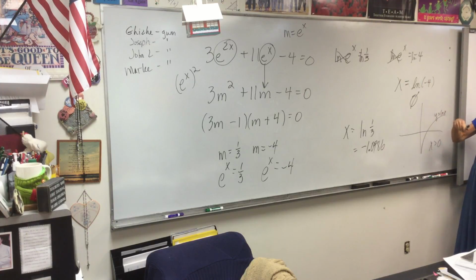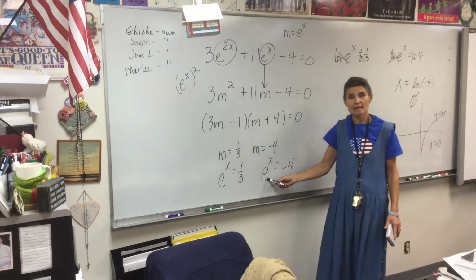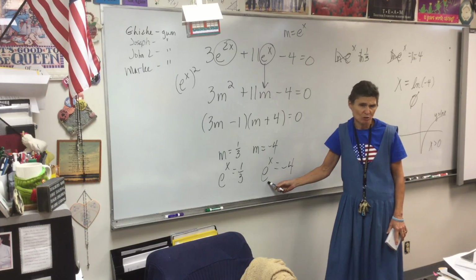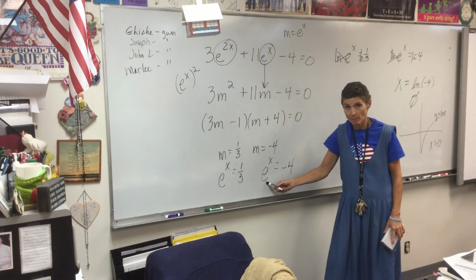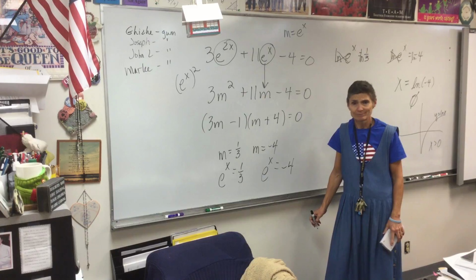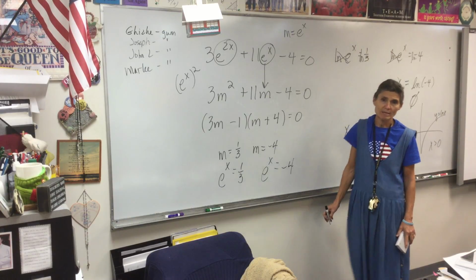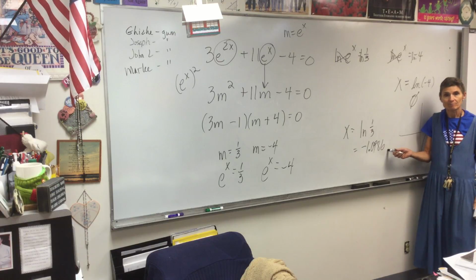And if you think about it, it makes sense. Because can you take a positive number, e is 2.718, and raise it to a power, will it ever be negative? No, that's an extraneous root. The only answer is right here.